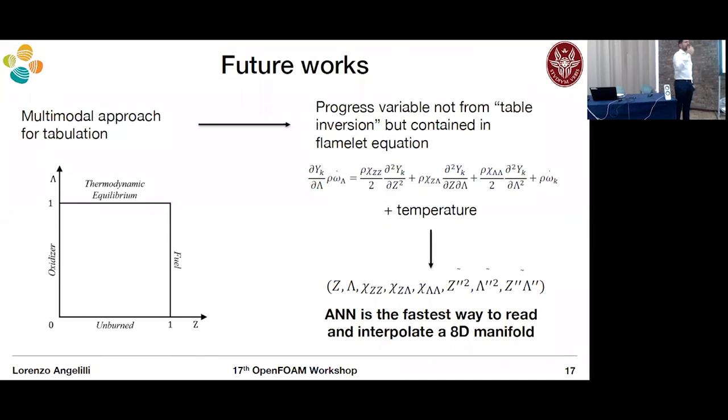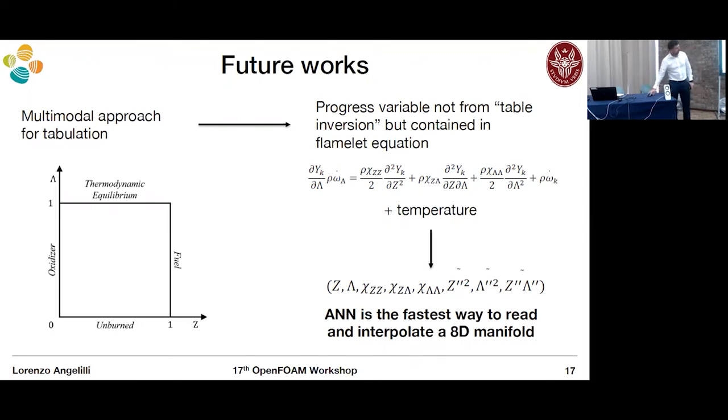And when we also include the effect of the turbulent closure, we need to include the variance of the mixture fraction, the variance of the progress variable, and the covariance. So our manifold becomes 8-dimensional, which is quite large for performing a traditional interpolation, and the neural network or another way of interpolating the data becomes mandatory.